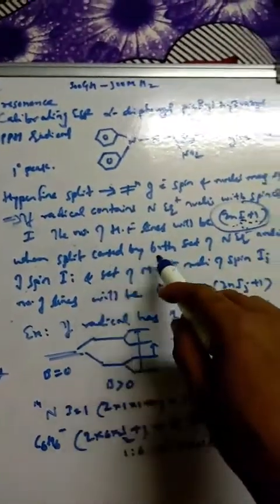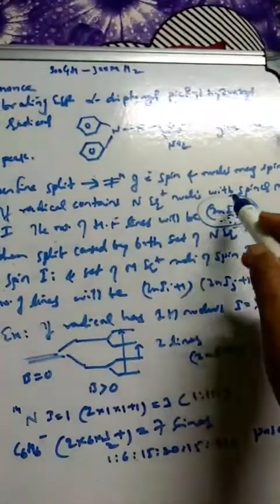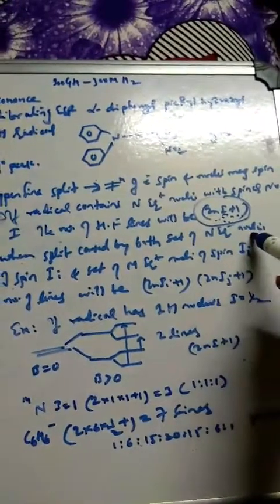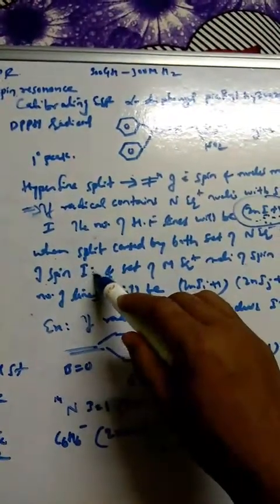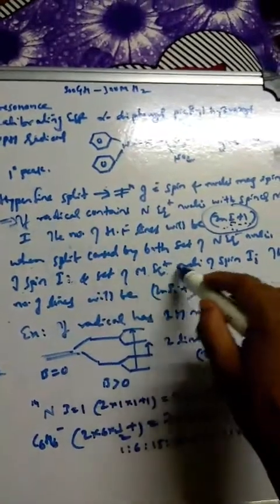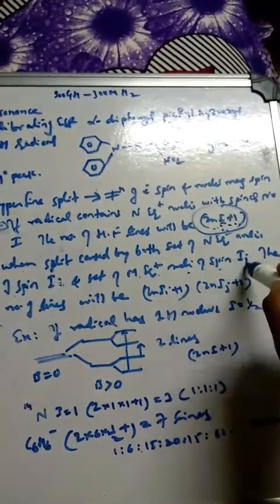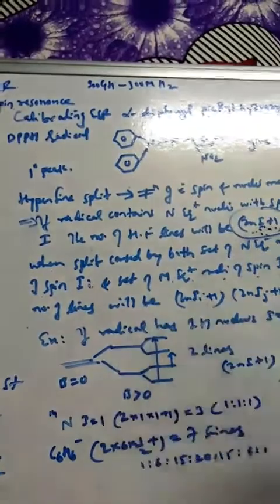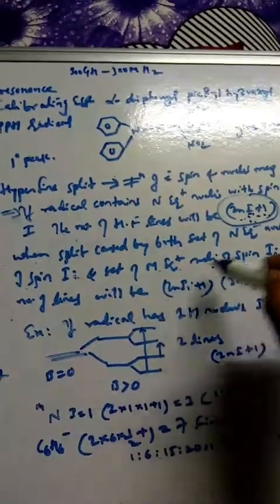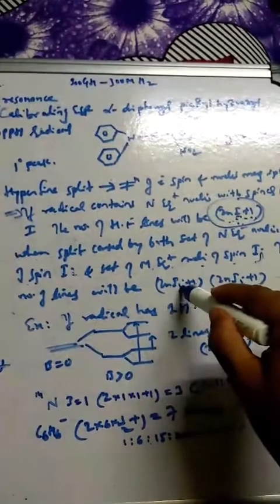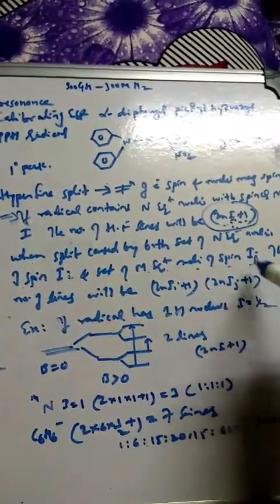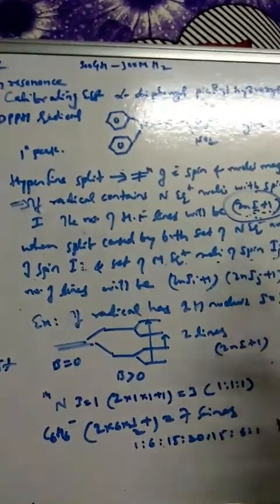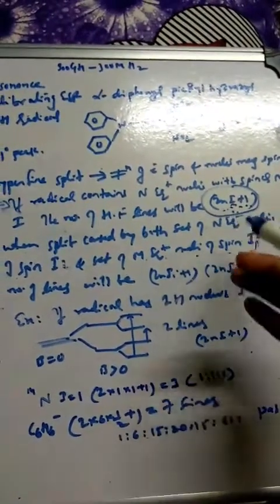Now this is one set. If the splitting is caused by two sets, n equivalent nuclei of spin I and a set of m equivalent nuclei of spin J, then the number of hyperfine lines will be (2nI plus 1) into (2mJ plus 1), because we are taking two sets.